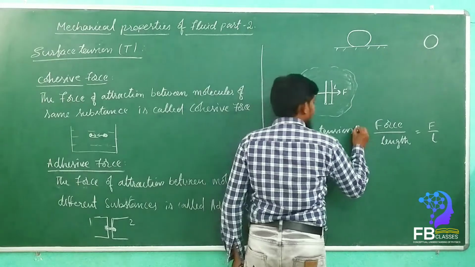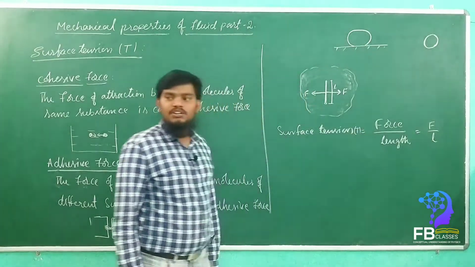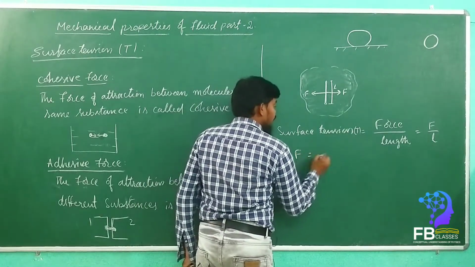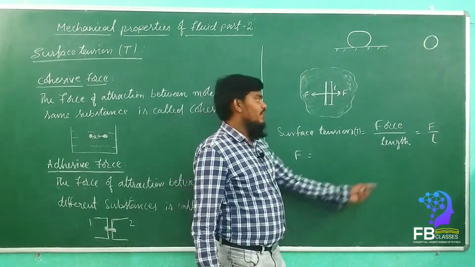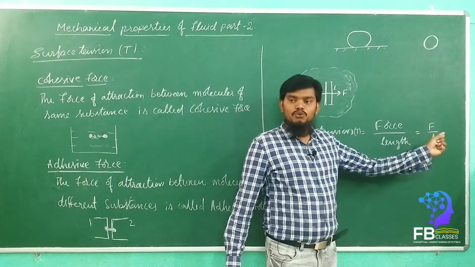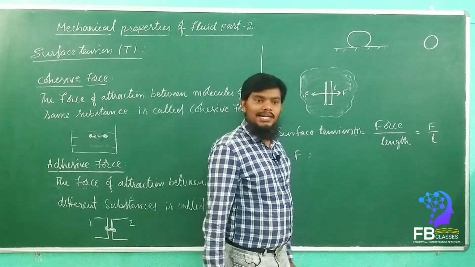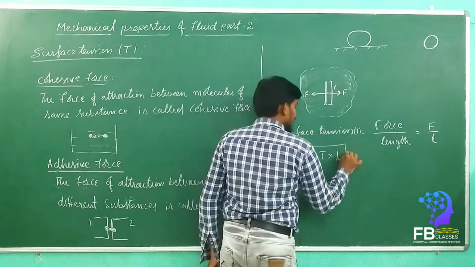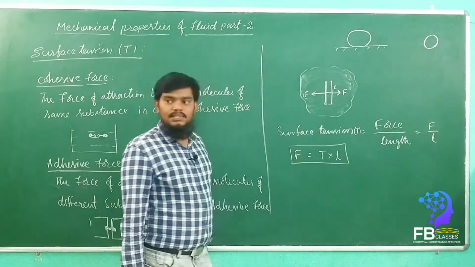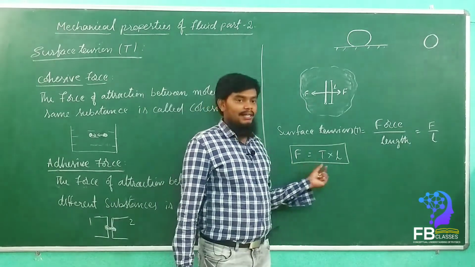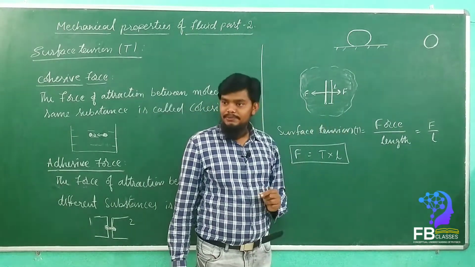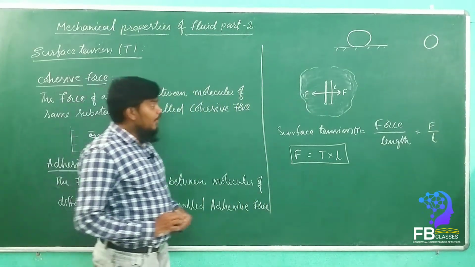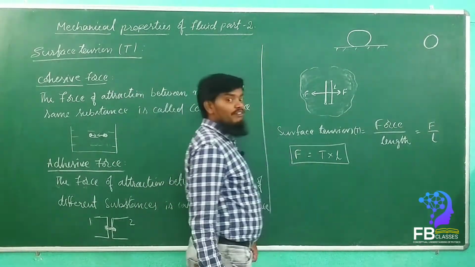So surface tension T is equal to F by L. So if you know the surface tension, then we can find the force. Force is equal to what, my dears? Surface tension into its length. So F is equal to T into L. Got it? This force will act on the imaginary line. Understand clearly, everyone?